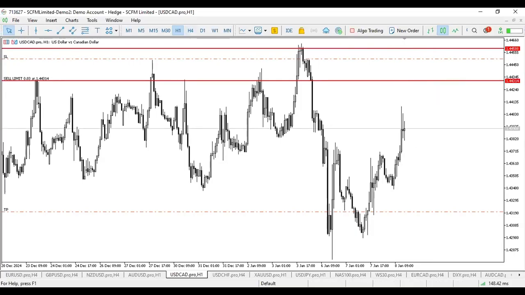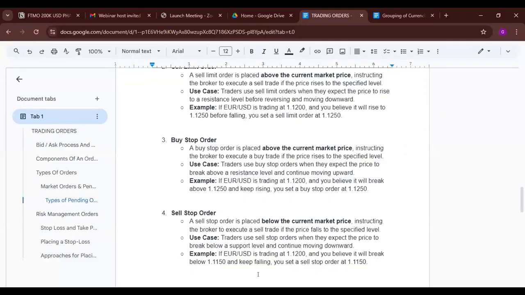Then you have a buy stop order. Now, a buy stop order is placed above the current market price, instructing the broker to execute a buy trade if the price rises to the specified level.